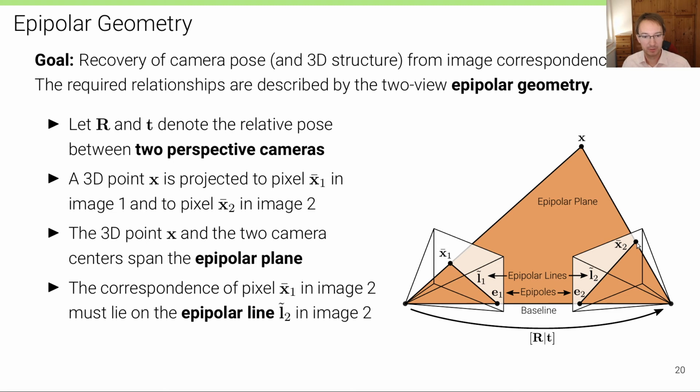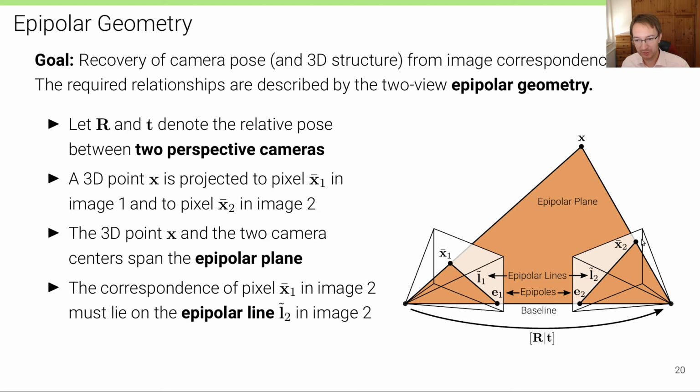But we know from the epipolar geometry that that point must lie on that epipolar plane. And in particular, it must lie on the so-called epipolar line that is the intersection of that epipolar plane with the image plane of the second camera. And that's indicated here by homogeneous l2.